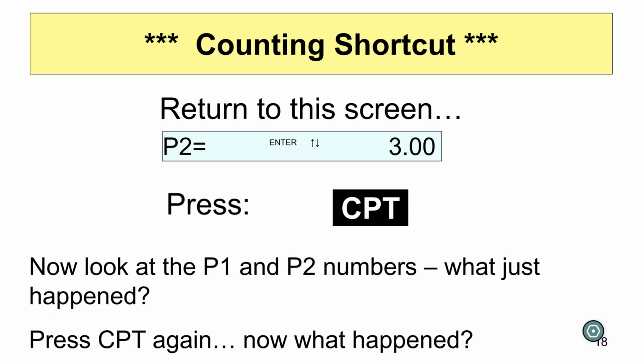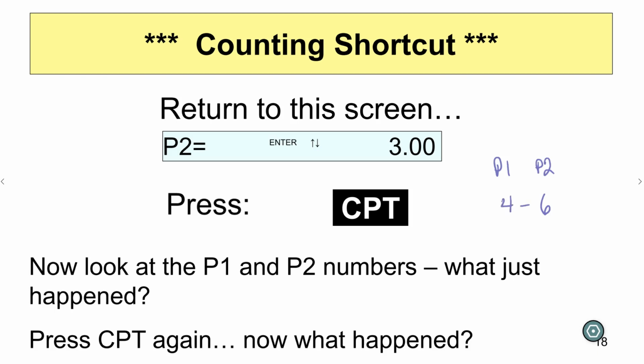So what happens is if you scroll to either P1 or P2, you should have 1 and 3 on there because that's the last thing we did. If you're on P2 and you see the 3 and you push compute, then it's going to jump to 6. And if you go back to your P1, then it's going to say 4.